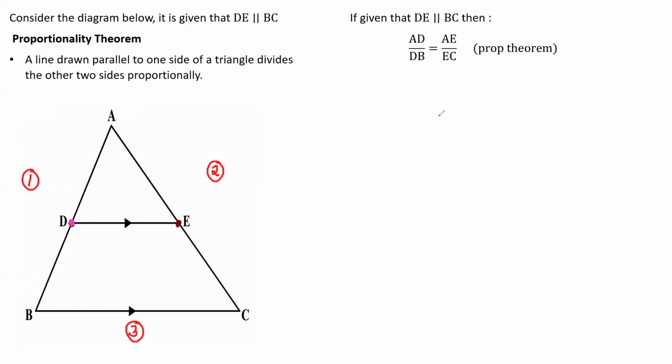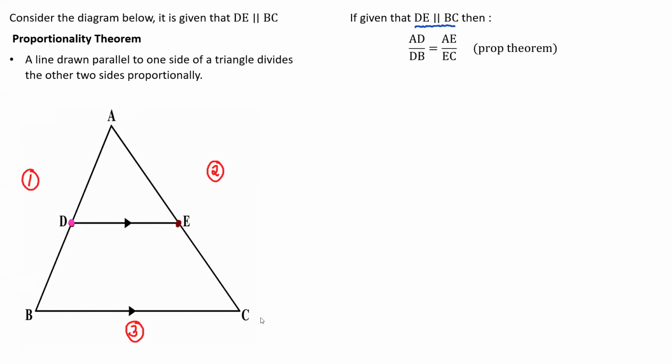Now, here's the story. Let's build up the theorem. If you are given that DE is parallel to BC, where BC is the third side of the triangle. So the line DE, where is it drawn from? From one side of a triangle to the other side of the triangle.